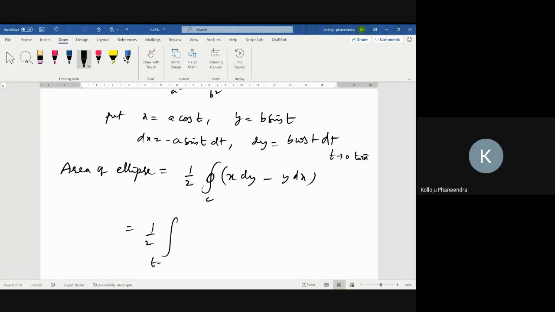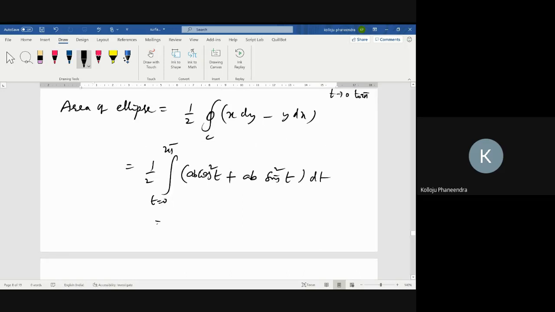So 1 by 2, 0 to 2 pi: x equals a cos t and dy is b cos t, so ab cos square; y equals b sin t and dx is minus a sin t dt, so ab sin square. Dt is common. So this equals ab by 2 integral from 0 to 2 pi of dt times cos square plus sin square, which is ab by 2 times t from 0 to 2 pi. So pi ab is the answer.